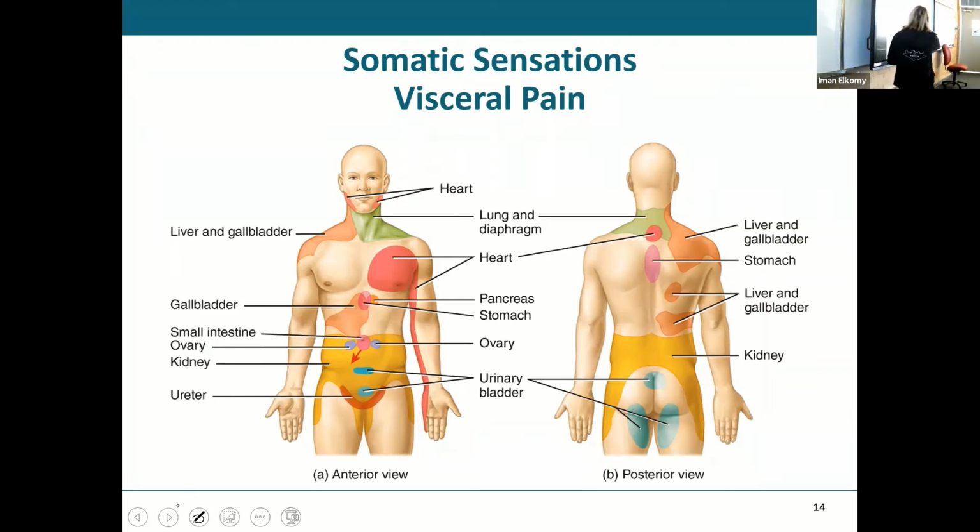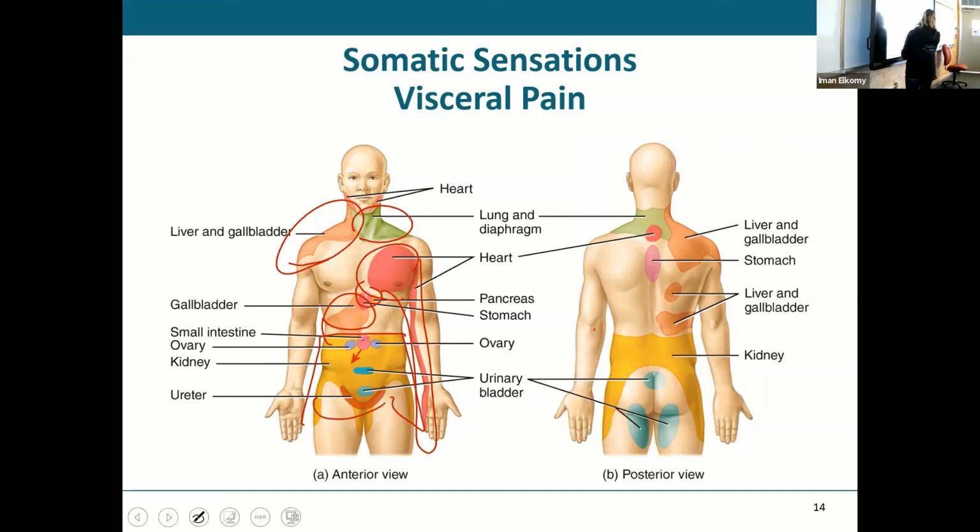Things like the liver and gallbladder on the right shoulder, the lung and diaphragm, right part of the neck, the heart goes all the way down the arm, the gallbladder, the stomach. Make sense? The kidneys, that's the flank pain, front and back. So that is how we perceive visceral pain.